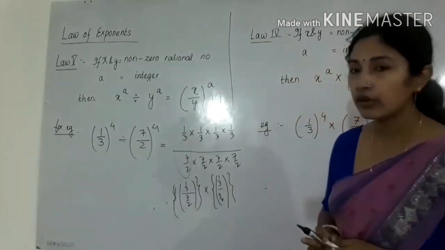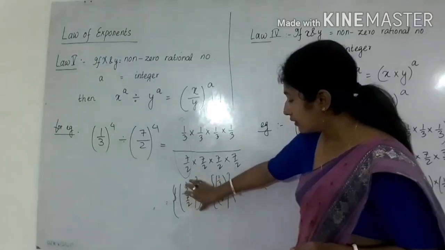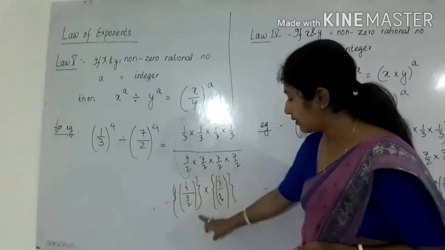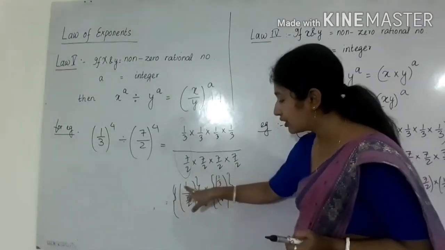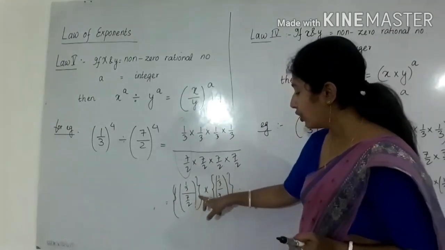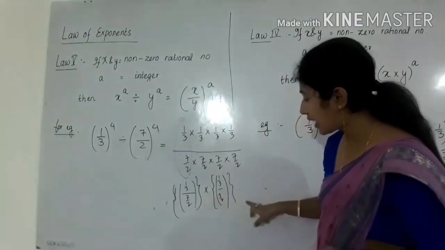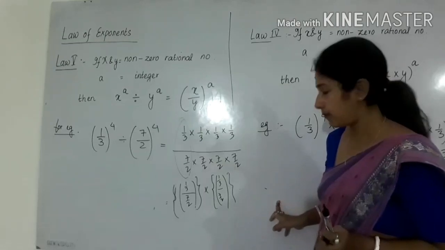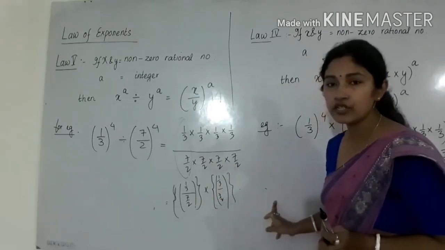So finally, what you will get? This is the base, that means 1 by 3 whole divided by 7 by 2. You will get this term four times and it is multiplied with each other.